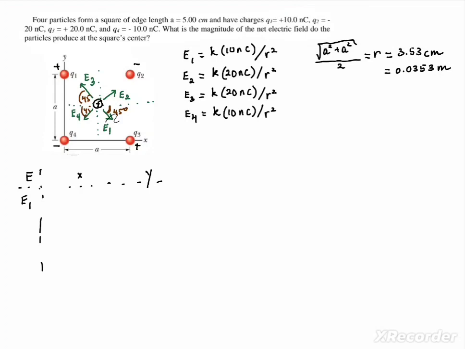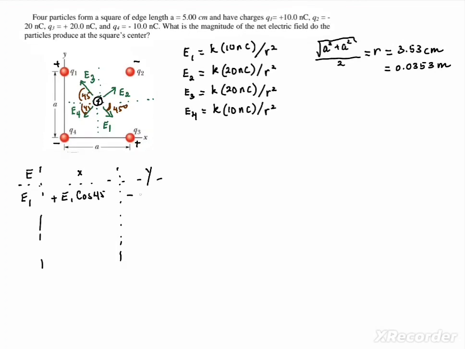So going back to E1, we have positive E1. I'm just going to write E1 instead of writing what we found for E1 up here at the top for simplicity. We have cosine of 45, and then Y is negative E1 sine of 45.